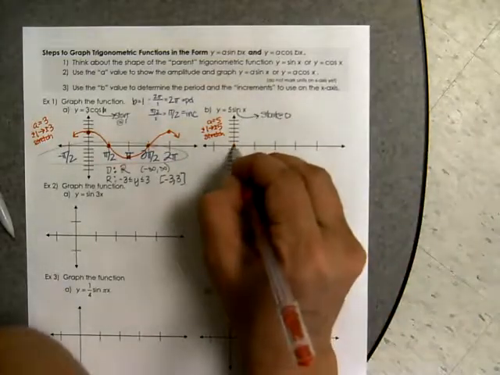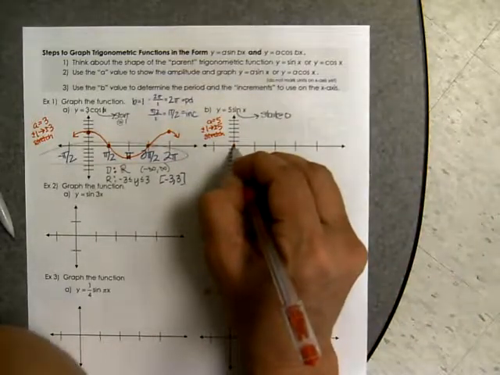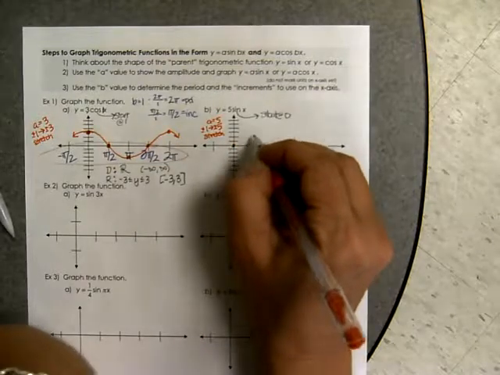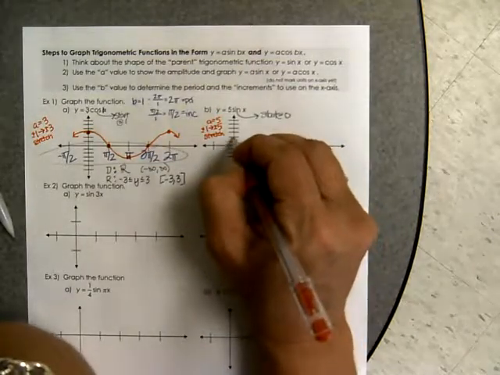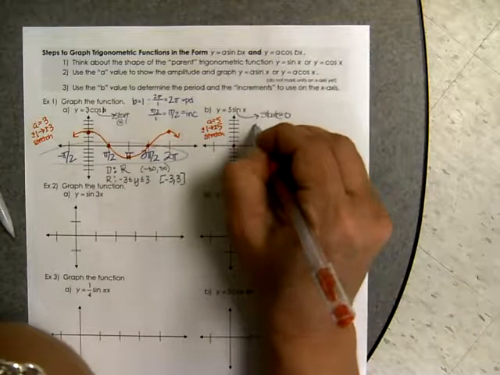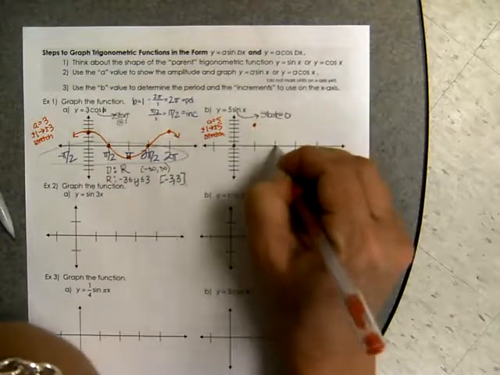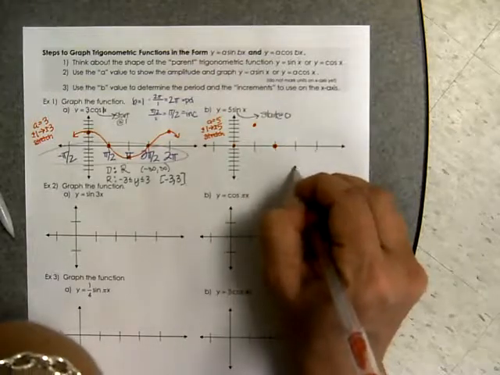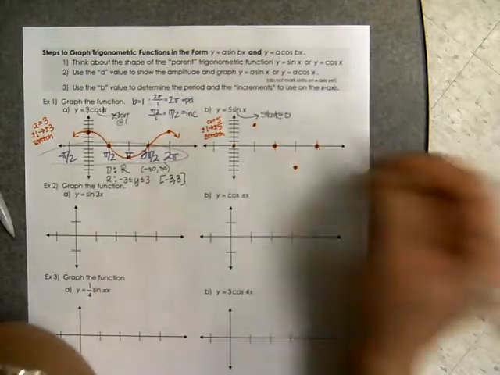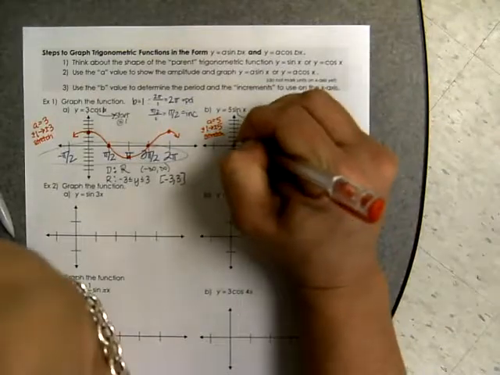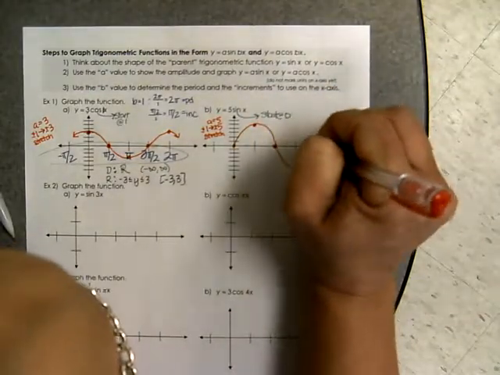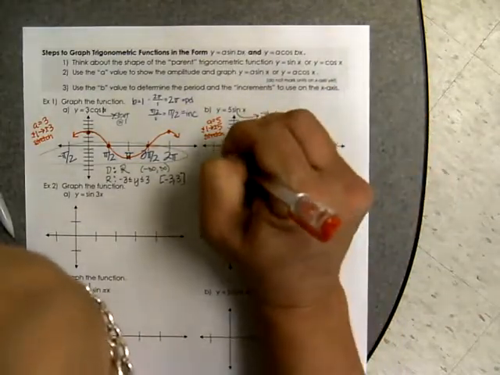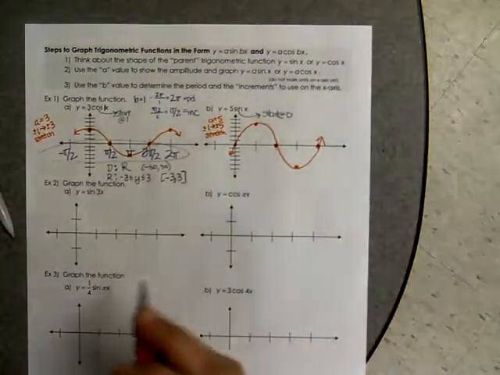So sine started at 0 and then went up to 1. So that means that instead we're going to go up to 1, 2, 3, 4, 5. Back down to 0, down to -5, back up to 0. And so then we draw our sine curve with the arrows.